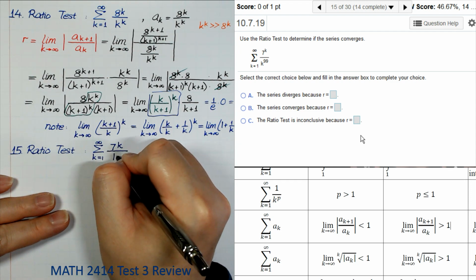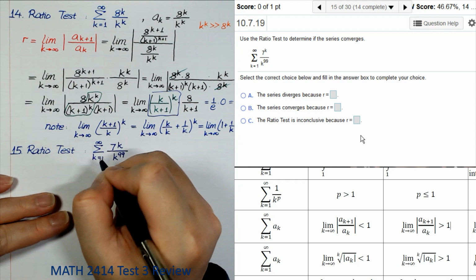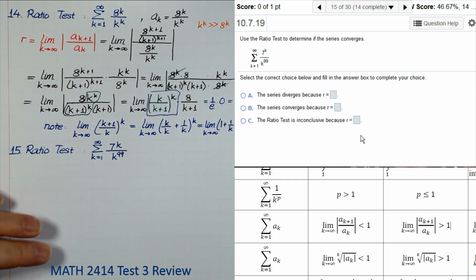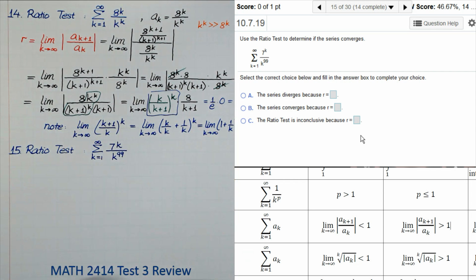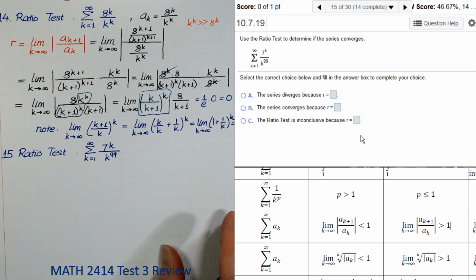Even though the 99 seems bigger than 7, we do not compare that. We compare whether the index is in the exponent or at the base. If the index is in the exponent, that will be bigger than the index at the base.